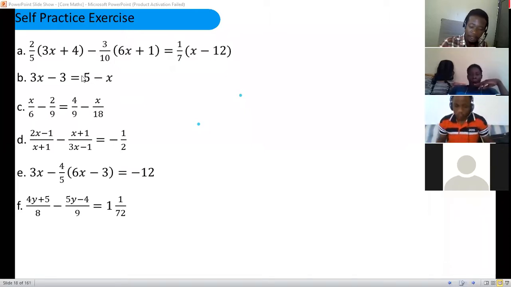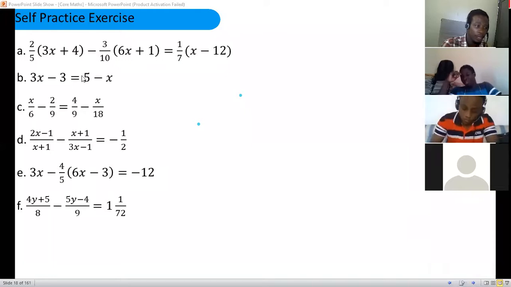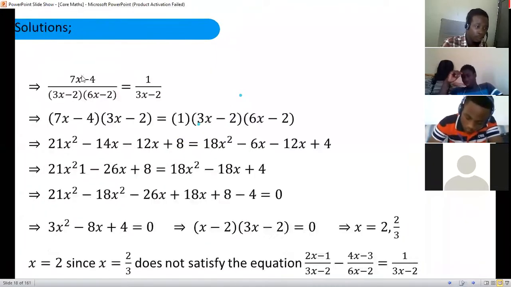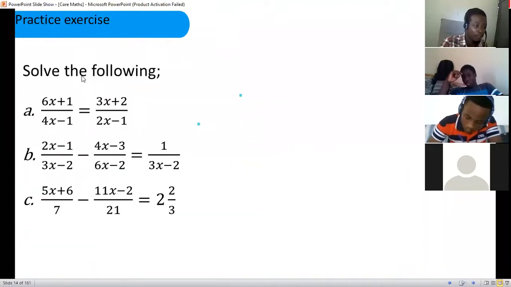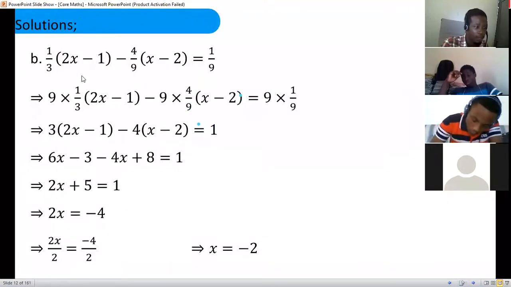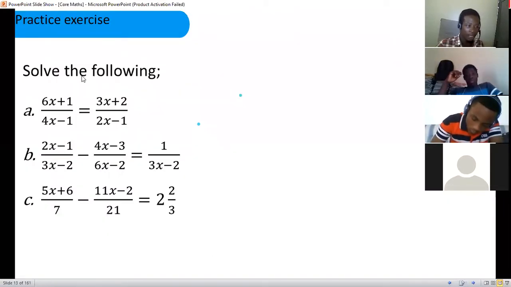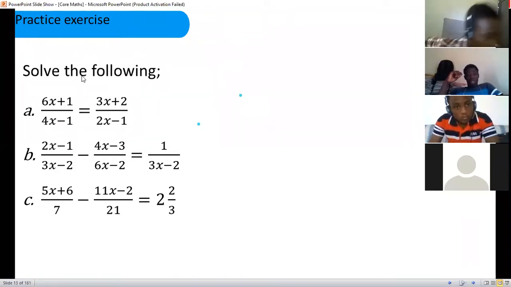Okay, if there's no question, then we continue with our complex examples. I think this is where we were last week and we couldn't finish it.